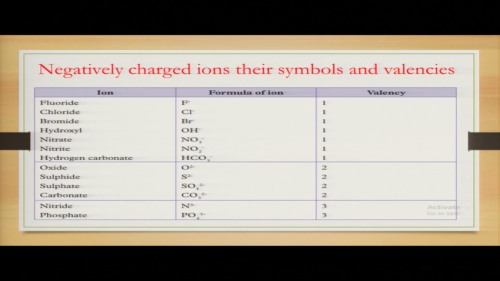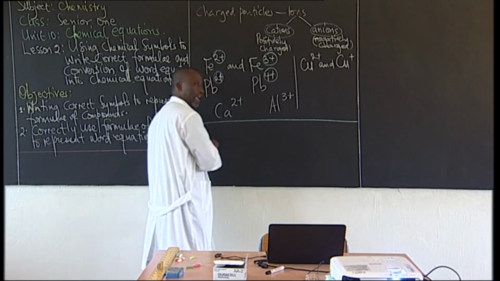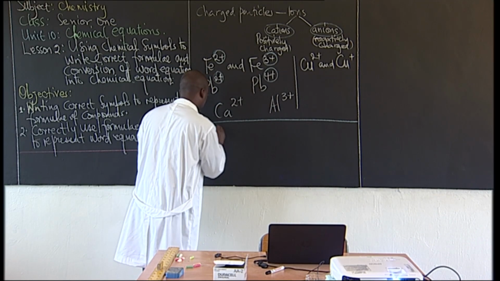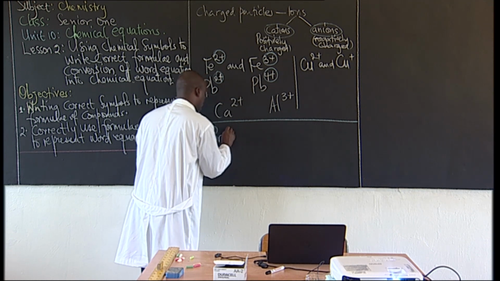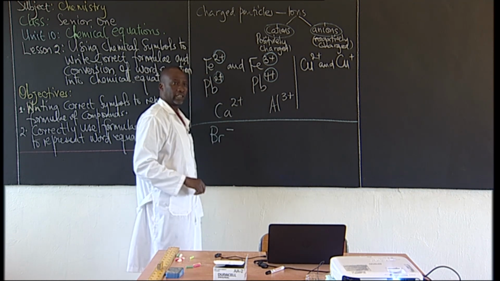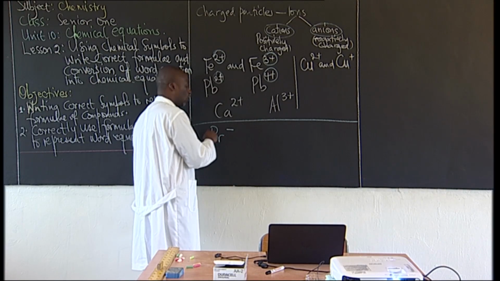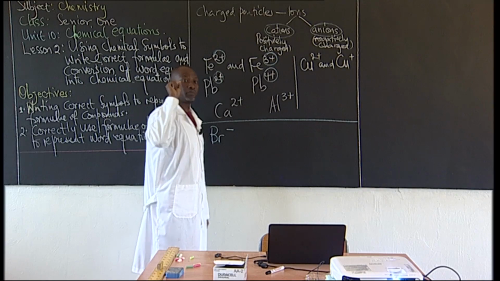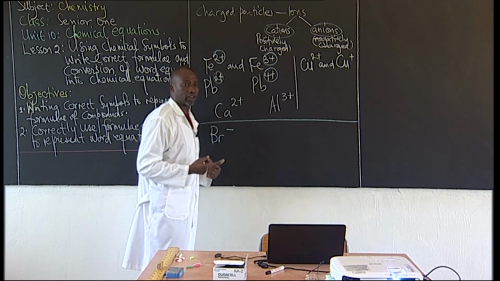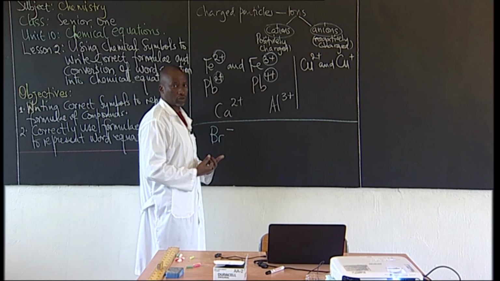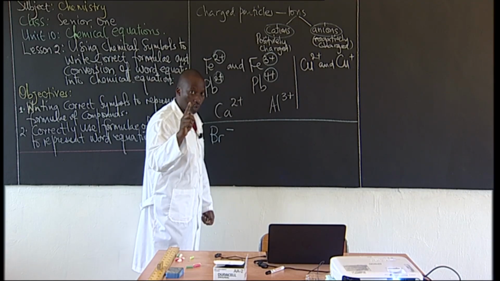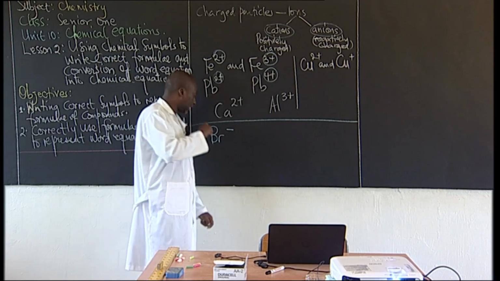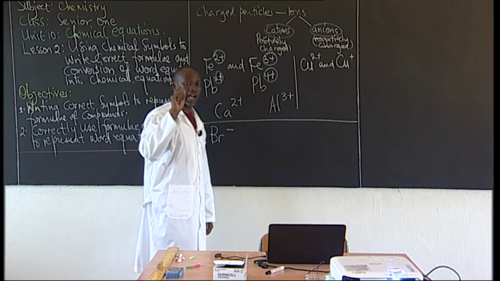For example, as we have mentioned before, when we write a bromide like this, and we put a negative charge, it means the charge of the bromide is 1 also. It is negative, but we are just looking at the value. How many negative charges are on bromide? It is only 1.